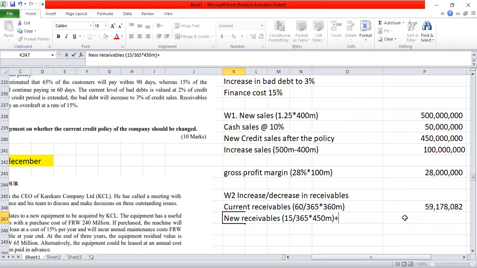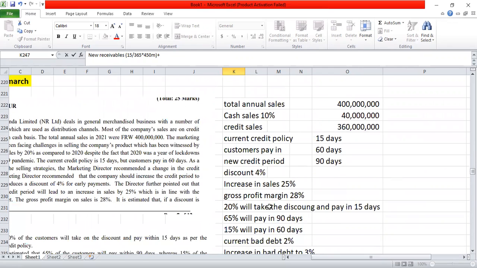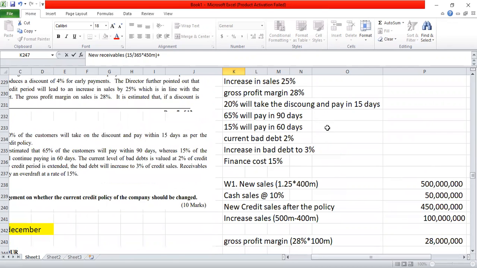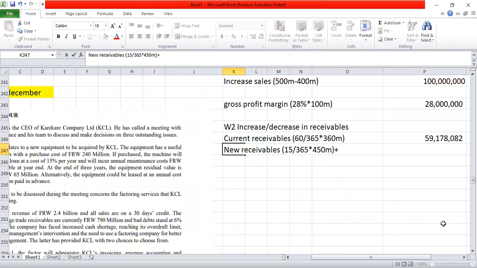Plus another one is 65% will pay in 90 days. This is times 20%.